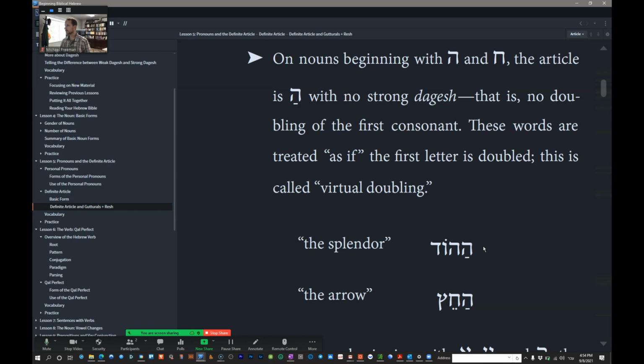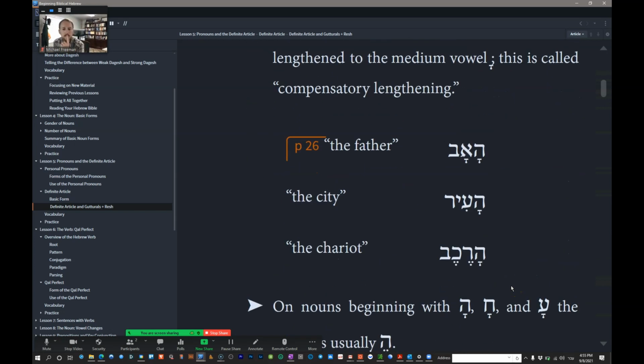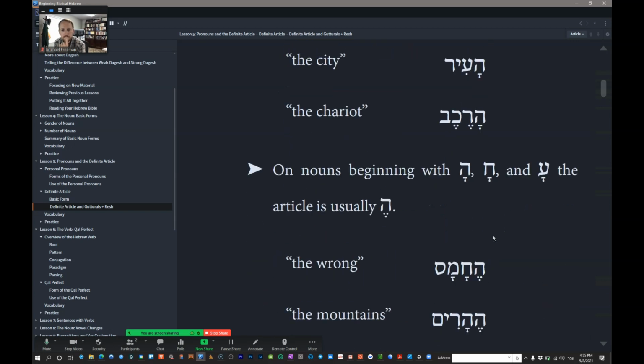If it has hey patach hey or hey patach chet, then again, that's pretty certain that you've got a definite article there. If you see hey kametz at the beginning of a word, think to yourself, maybe this is the definite article. If it's hey kametz hey, hey kametz aleph, hey kametz ayin, or hey kametz resh, that's almost certainly the definite article.